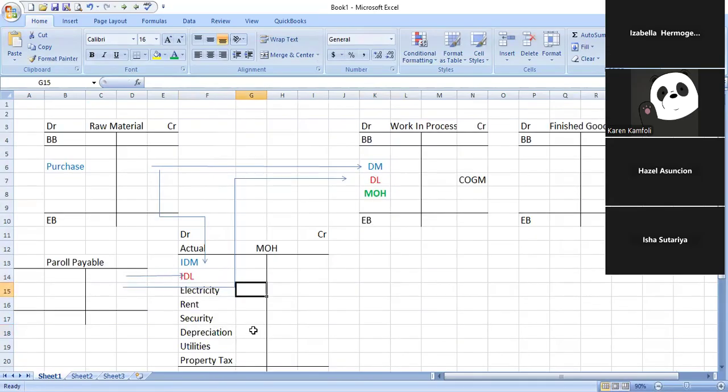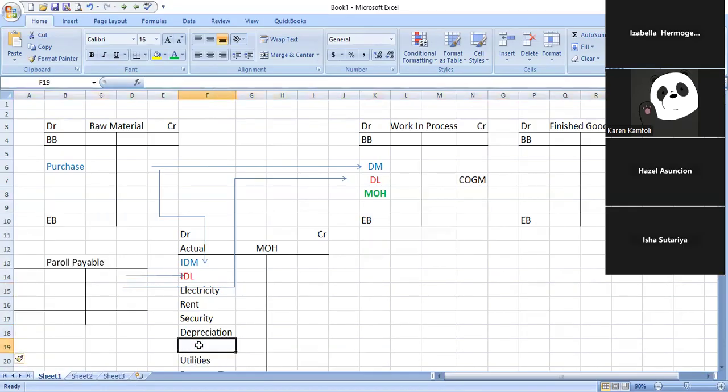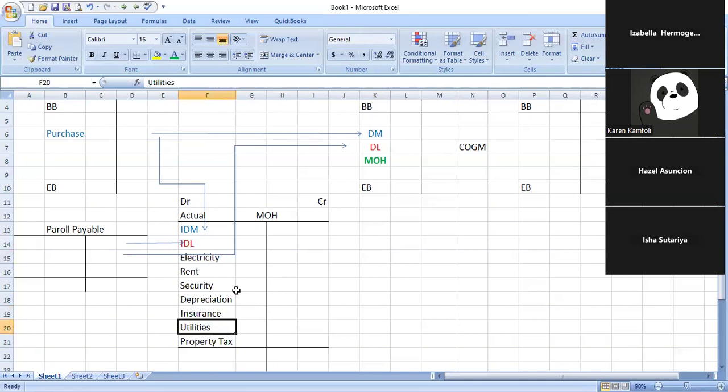So what's interesting with these costs? I forgot the insurance. Sorry, I have to put insurance here as well. We need insurance in our company. So all those costs come at different points. Electricity usually comes 2 months after we use the electricity. Rent, we usually pay every month before the start of the month.